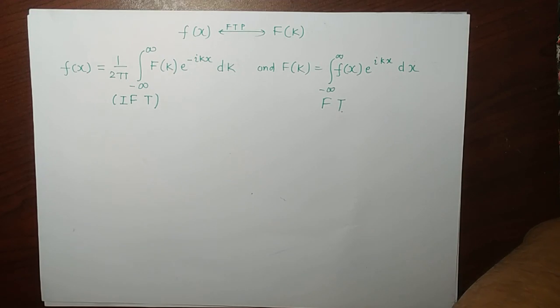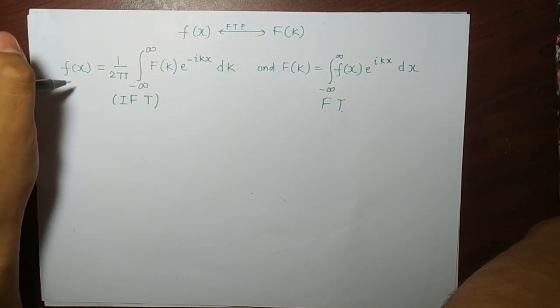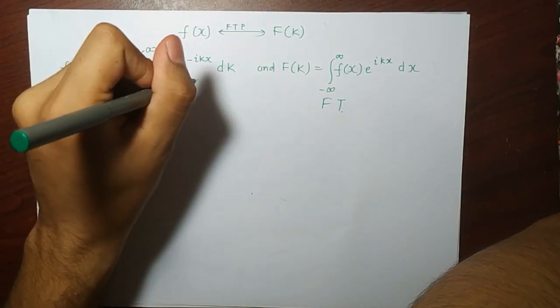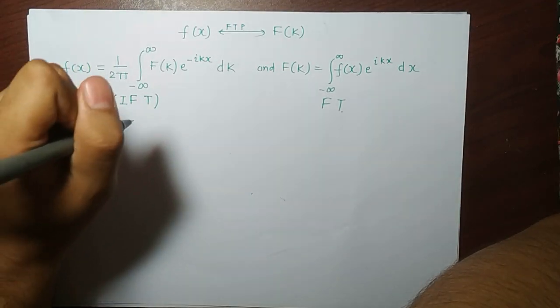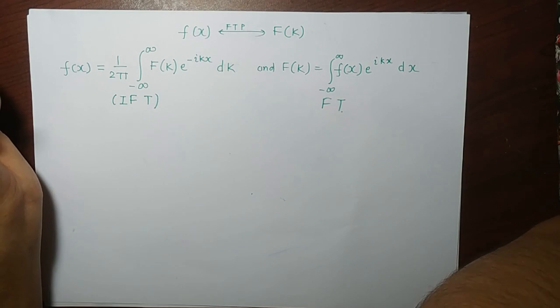You can observe that f(x) here, in the IFT, is proportional to the integral of f(k) e^(-ikx) dk, with k varying from minus infinity to plus infinity.